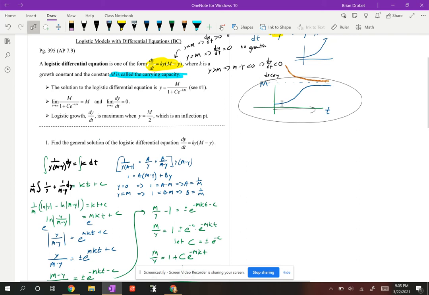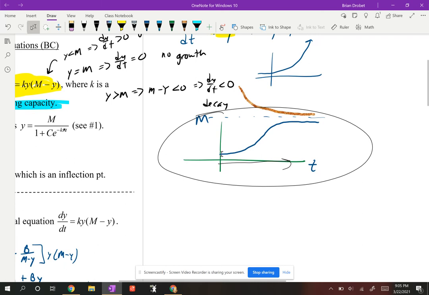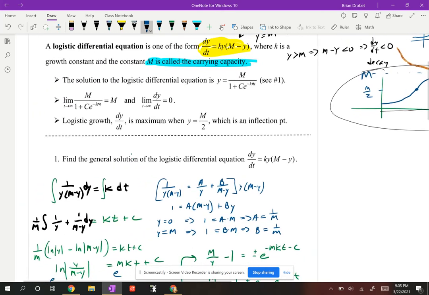If you look at the slope of this graph, it starts out small, gets bigger and bigger, and then about right here the derivative reaches a maximum, and that's actually an inflection point. You can see on the graph that the function is changing from concave up to concave down. That always happens when the population is at exactly half of its carrying capacity.